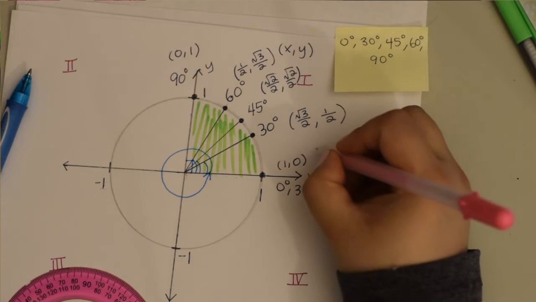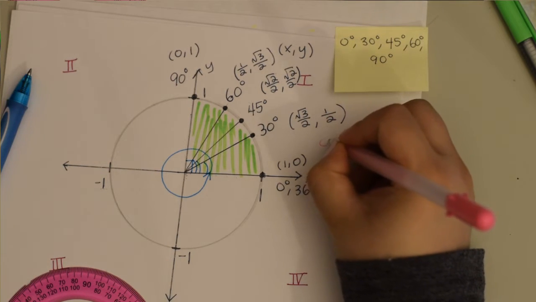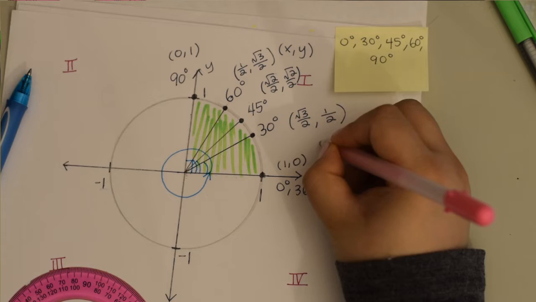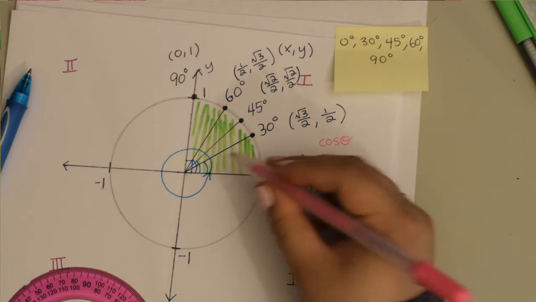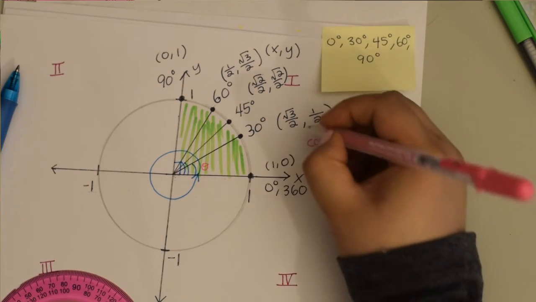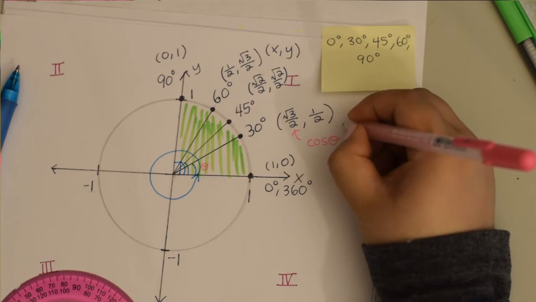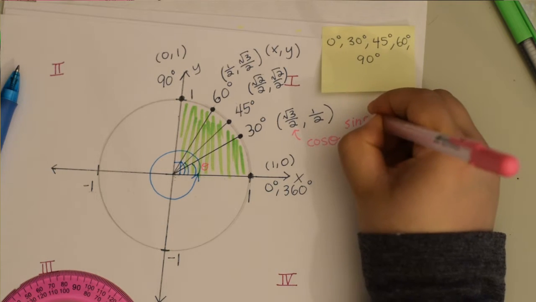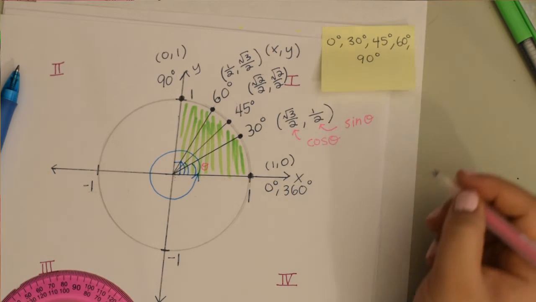So cosine of theta, where theta is our angle, wherever that may be, is our x coordinate, and sine theta is our y coordinate.